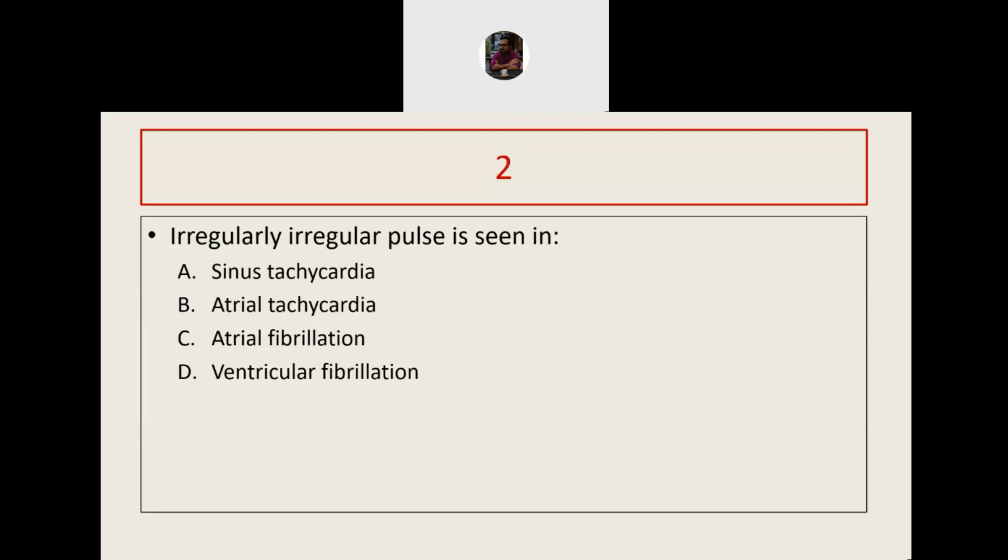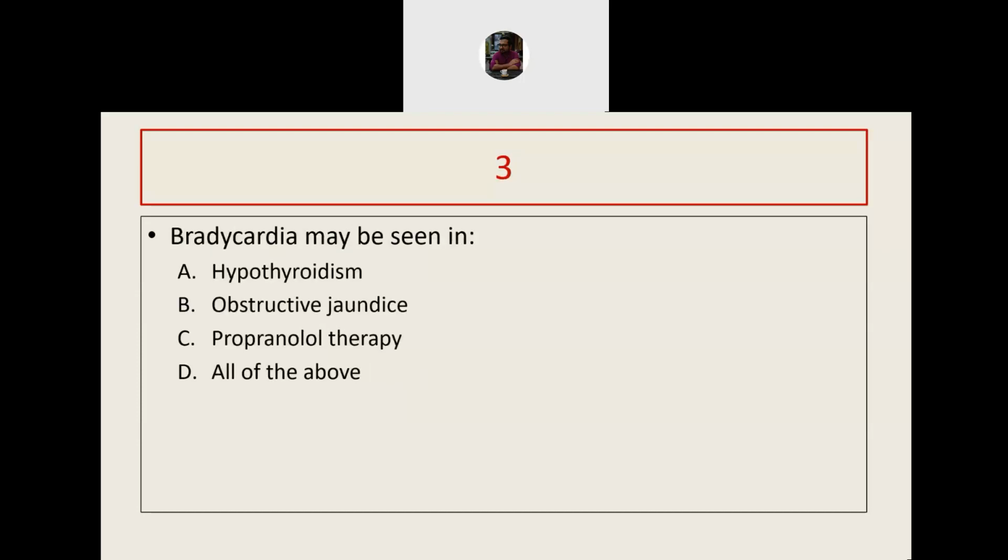Yes, the answer is atrial fibrillation. Bradycardia may be seen in. Wonderful. The answer is all of the above.